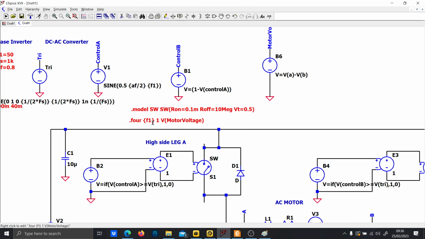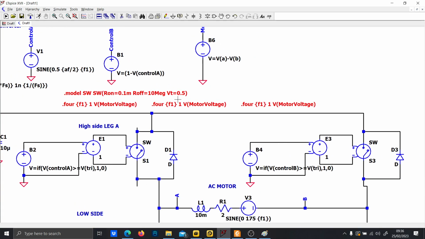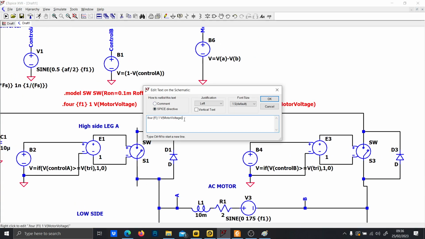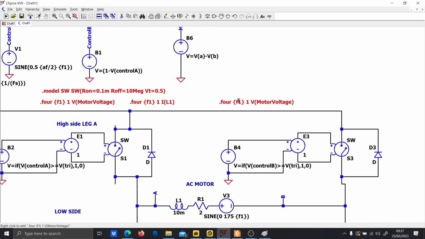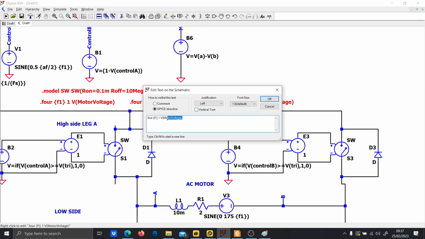What we are saying with this command is to study the fundamental frequency of your output voltage of the motor. We want to do the same also for the current, and we will also do the same for the other harmonics. So .four 1 I of L1, the current of your motor, will be basically the current of your inductance.